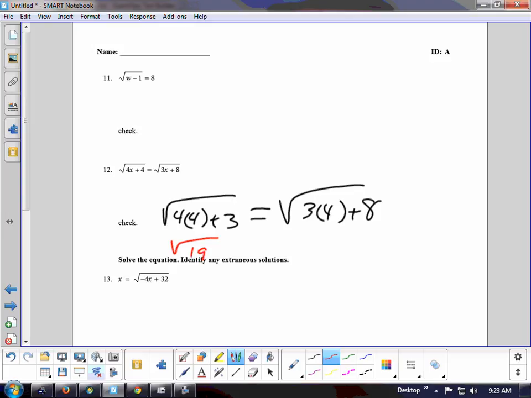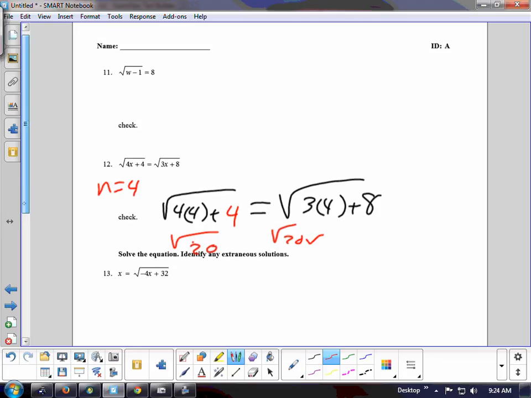That doesn't sound right. Oh, it's plus 4. That's radical 20. And then 12 plus 8 is radical 20 also. It checks. So what's my answer? X equals 4. Give me a second to write it down if you can get that.